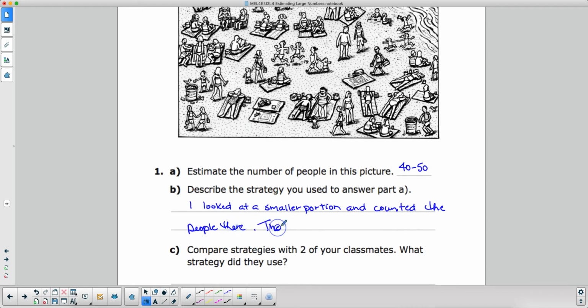Then I estimated how many portions there were.